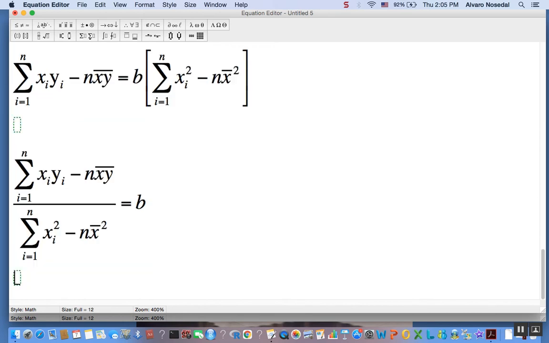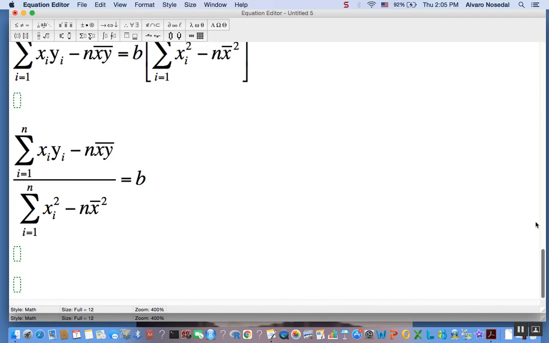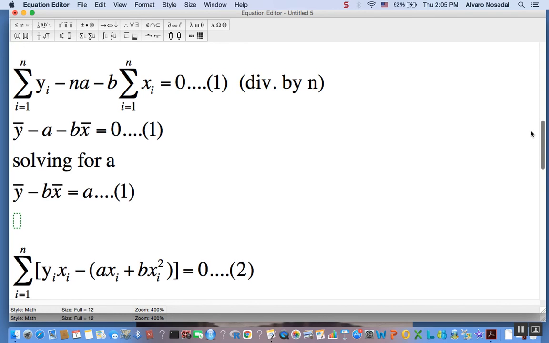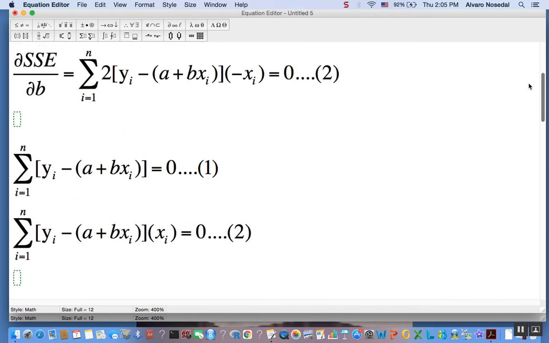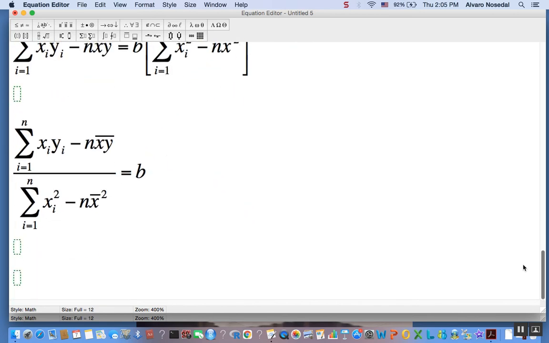Okay, now, from this, a possible solution would be this. First you find b using these formulas: summation of xi yi minus n times x bar y bar, divided by summation of xi squared minus n times x bar squared, right?